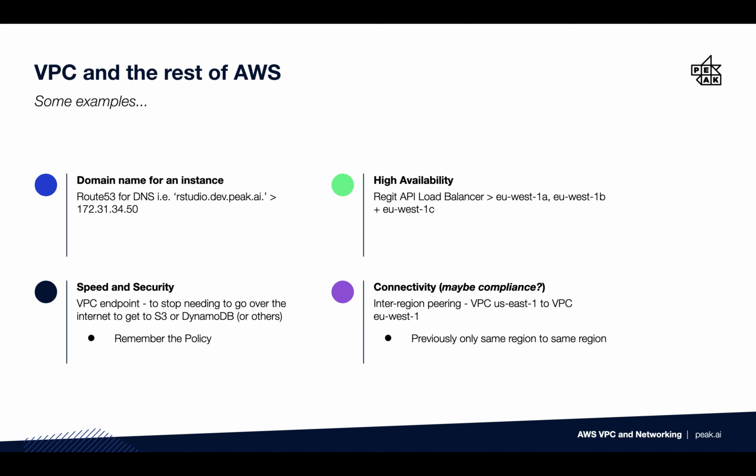Moving down to the bottom left, thinking about speed and security, there's another feature of VPC called VPC endpoints. By default, when you use S3, even if you have private resources, the traffic goes out to the outside world and then back in to S3. Similar with DynamoDB and others.